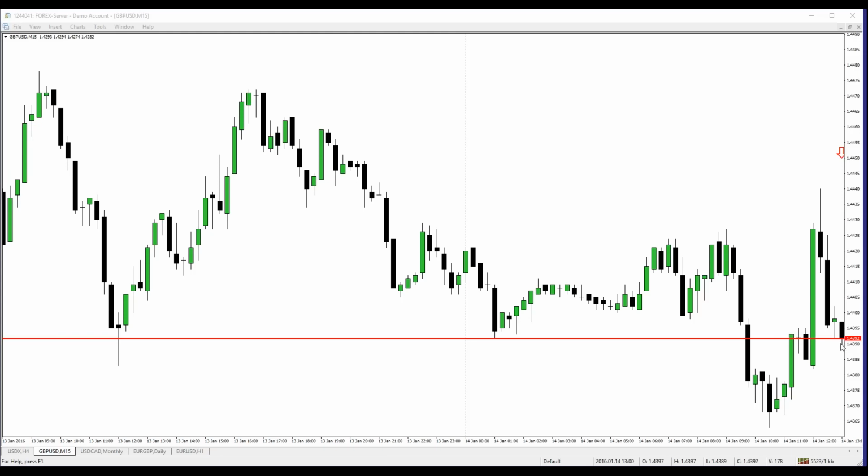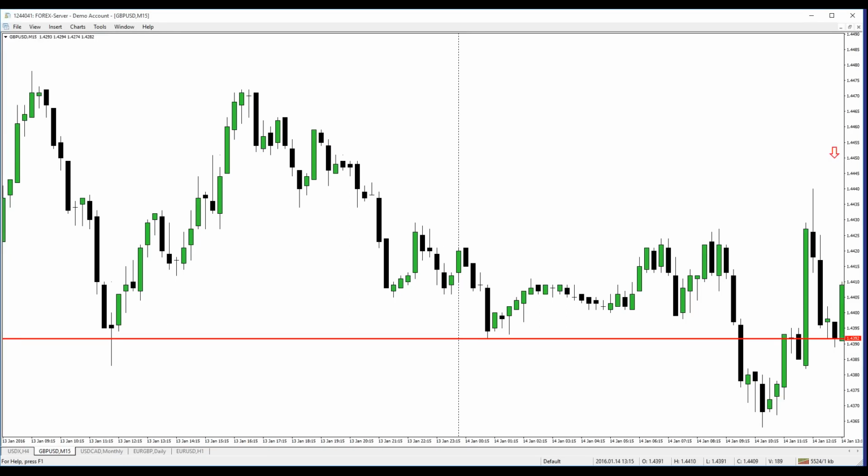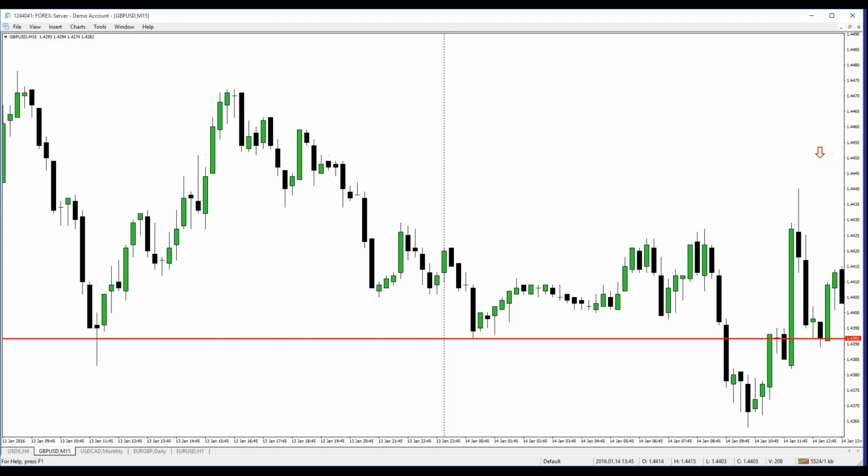Watch what takes place. Rallies off strong. Where's liquidity? Above the high, right? Does everyone agree the liquidity would be above this high? I'm waiting for your response.